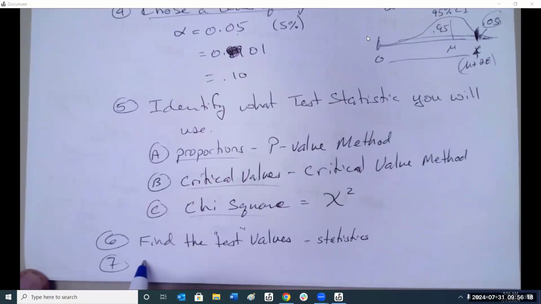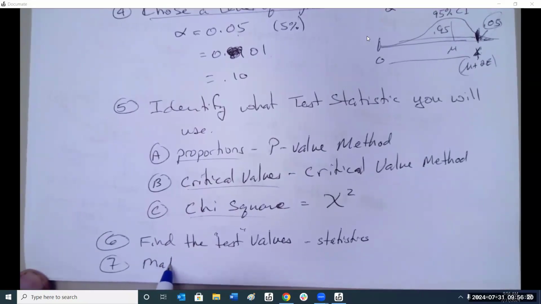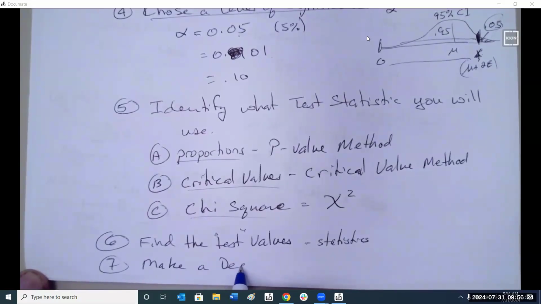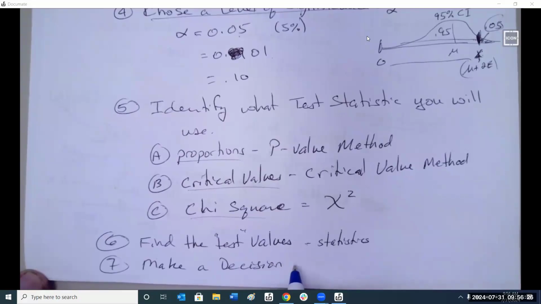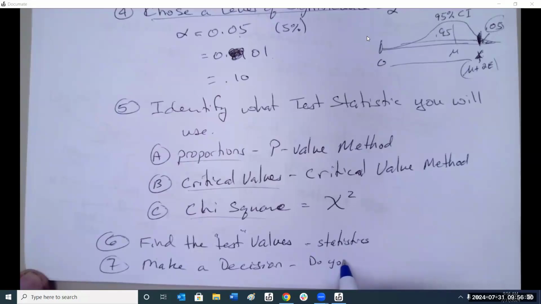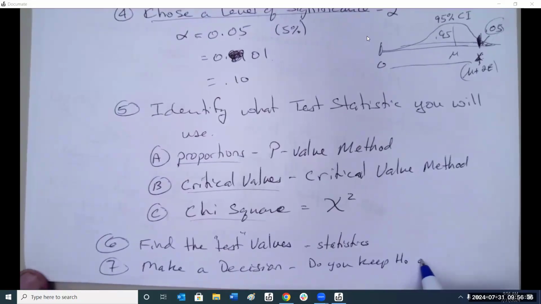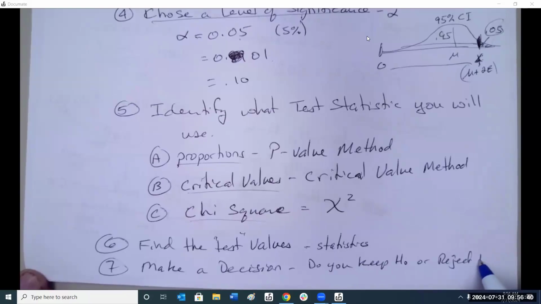Now you make a decision. Do you keep the null hypothesis or reject the null hypothesis?